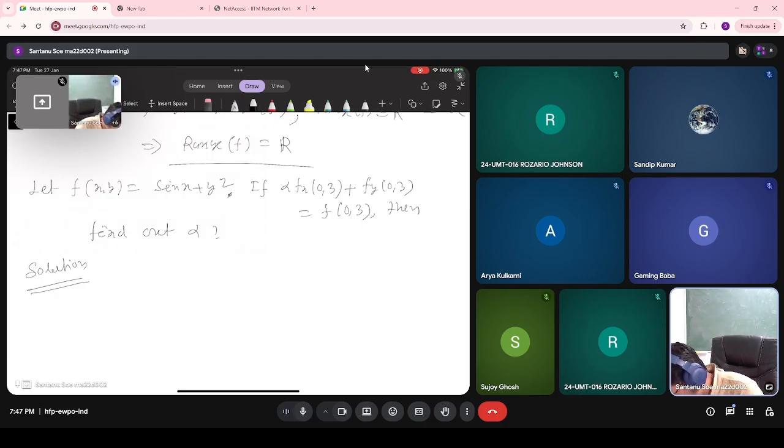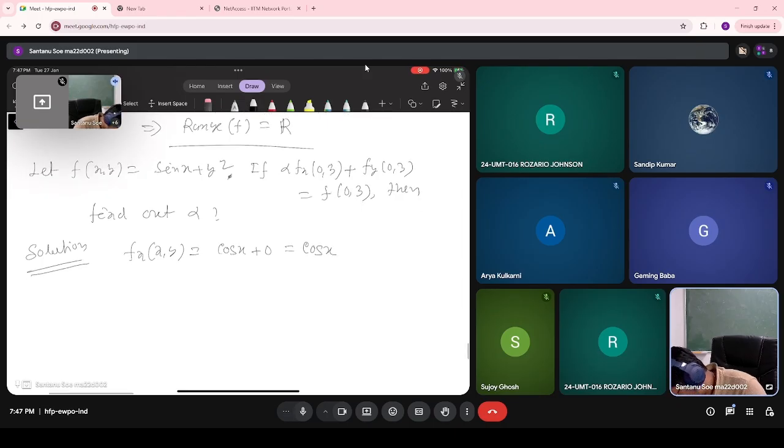So first we have to find the partial derivative with respect to x. This will be nothing but cos x plus 0, so this will be cos x. And what is fy of x comma y? This will be 2y.